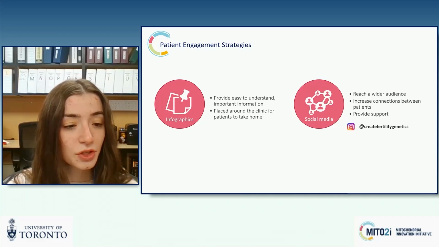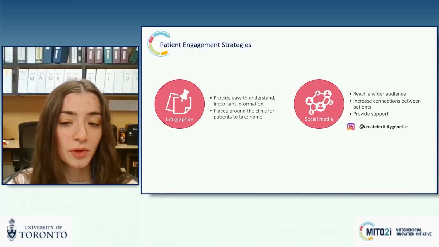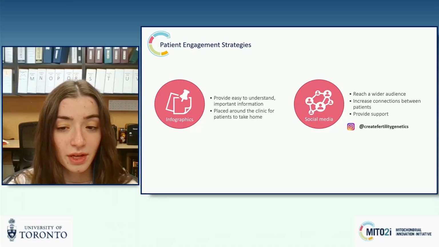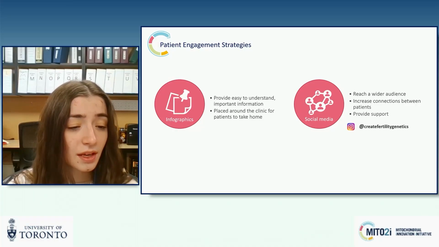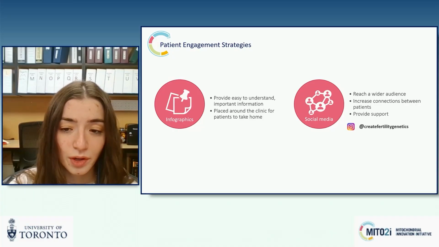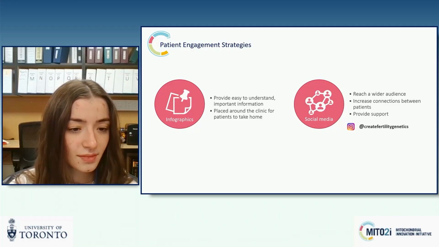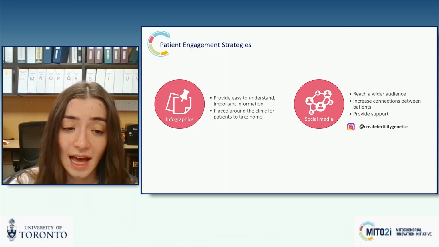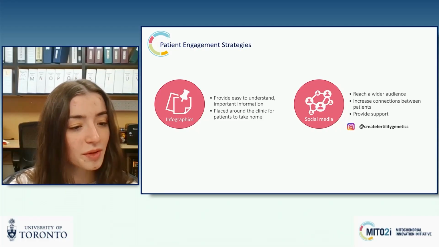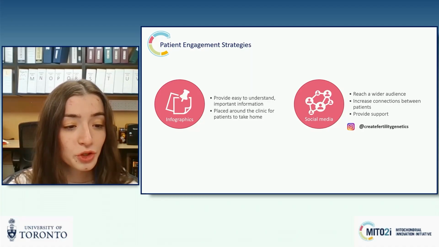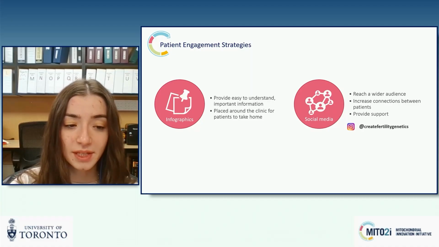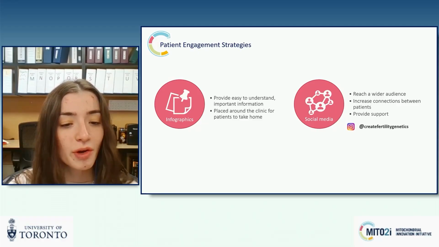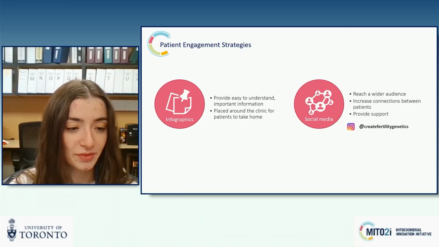We also intend to use social media. One of the most effective ways to communicate information is through easy-to-read, quick, and accessible platforms such as Instagram. Our reproductive genetics lab has actually set up an Instagram page where we plan to introduce the project, post updates as it progresses, and show a behind-the-scenes perspective.